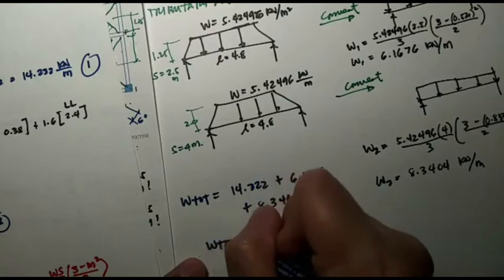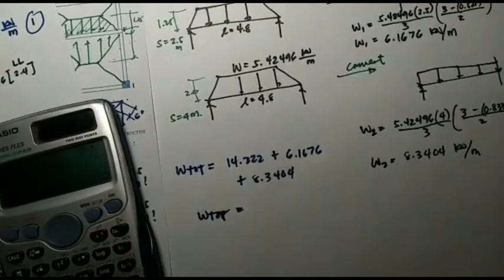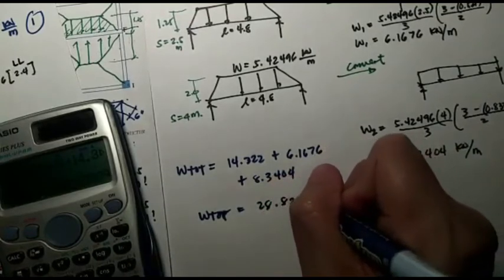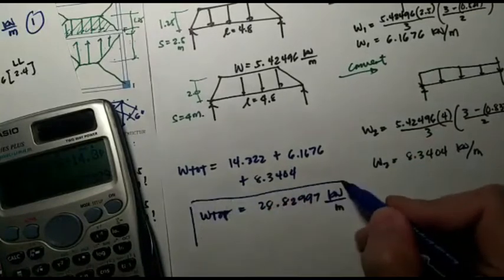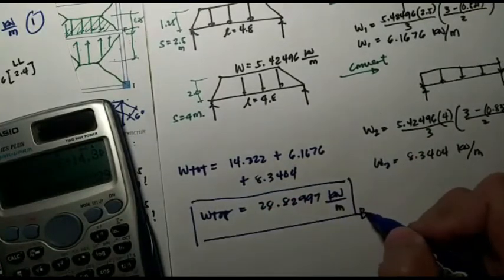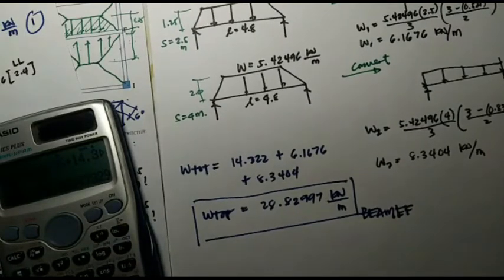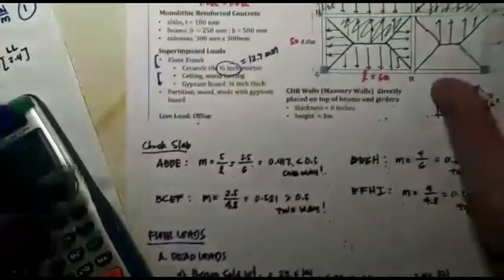So the W total here becomes 6.1676 plus 8.3404 plus 14.322. We have 28.82997 kilonewton per meter. So this is for beam EF. Okay? So yun yan. That is for beam EF.